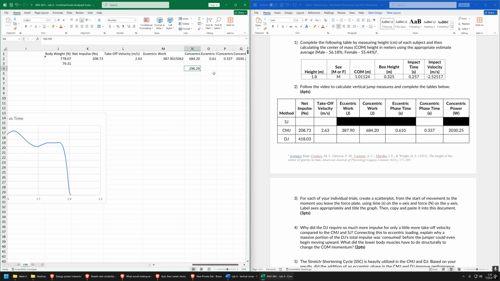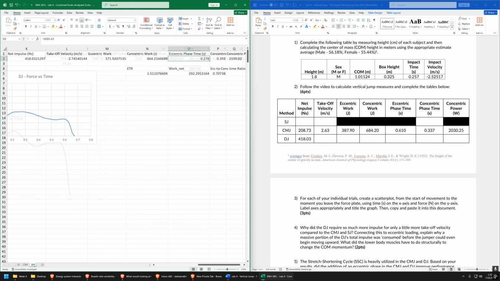So 296 versus 292, and that number represents how much work the muscles generated, not how much ATP they used. Which is interesting that they're pretty much the same, off by about 4 joules, very, very close. So the muscles between the two jumps contributed the same.